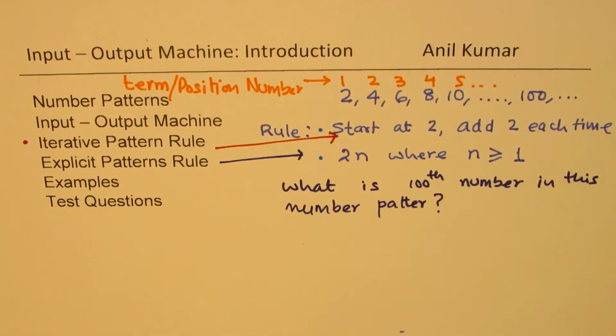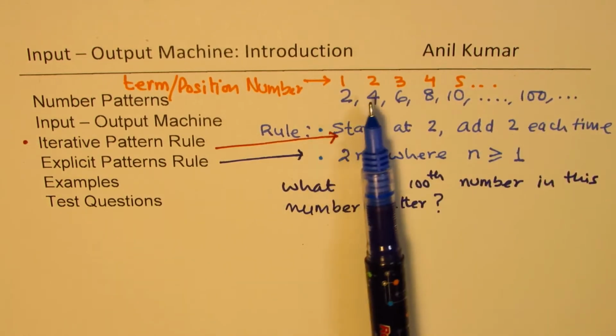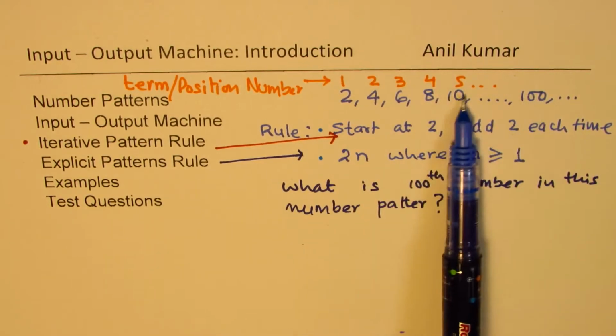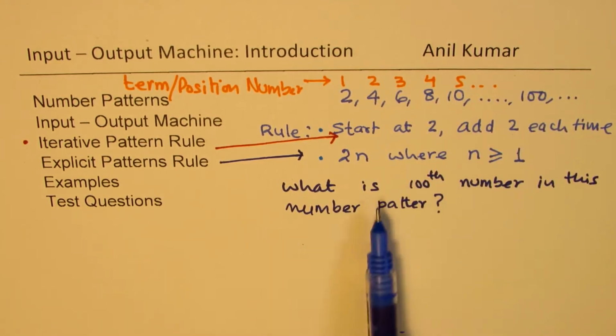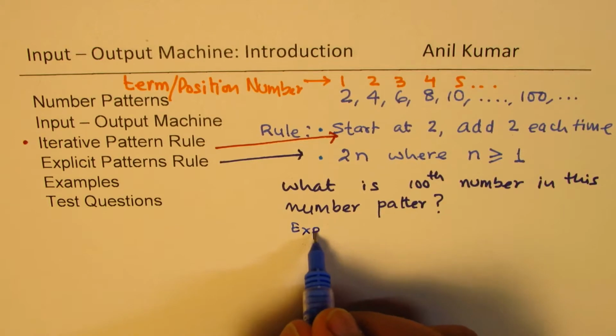So if that is my question, for the 100th number, you will have to write all 99 numbers to get to the 100th term if you're using an iterative pattern. However, with an explicit pattern, you can use this formula.